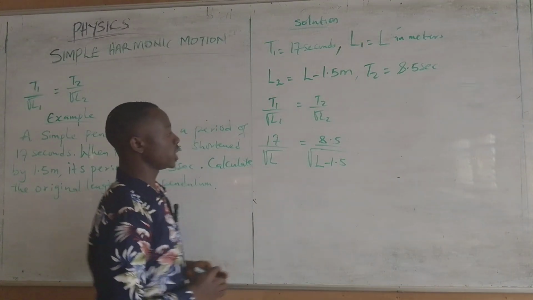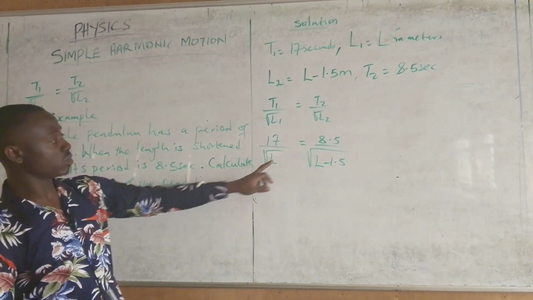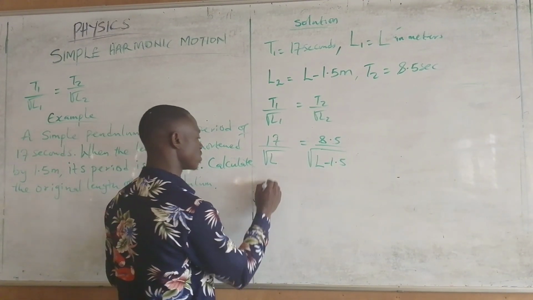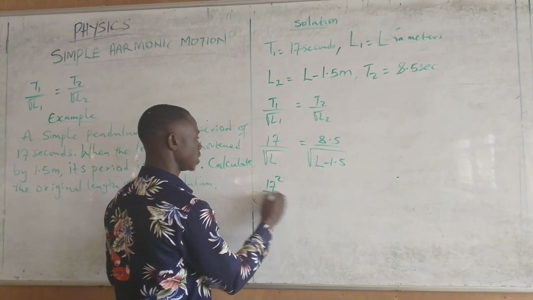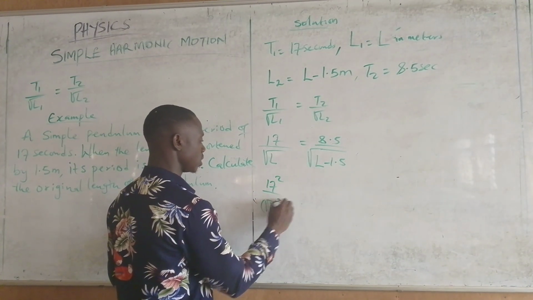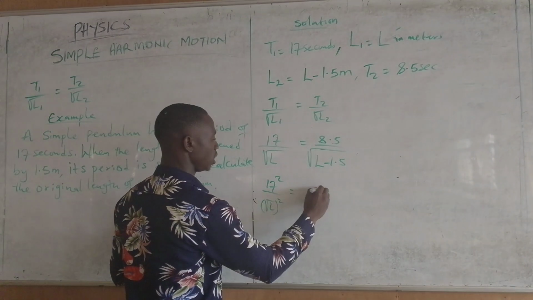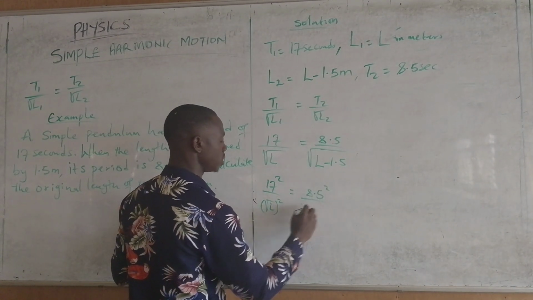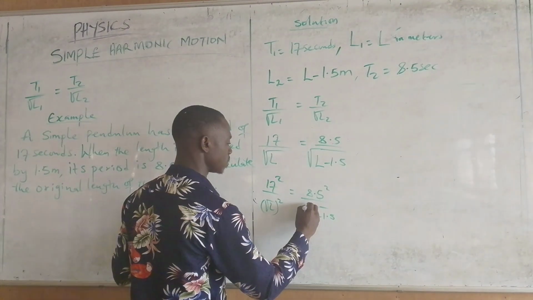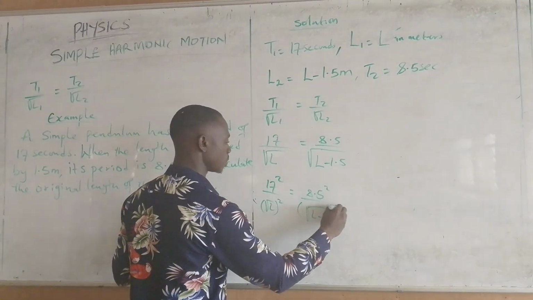Now we find the square of both sides to remove the square root. So this is 17 square over root L all square equals 8.5 square over root of L minus 1.5 all square.